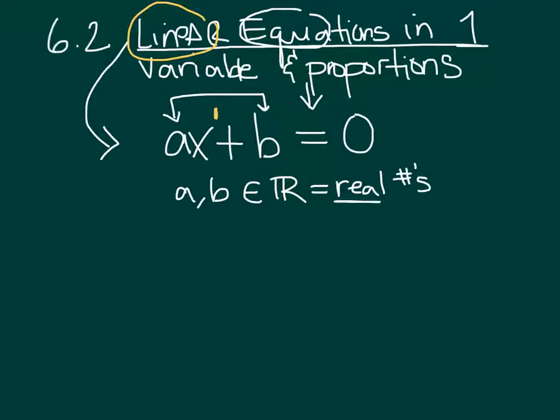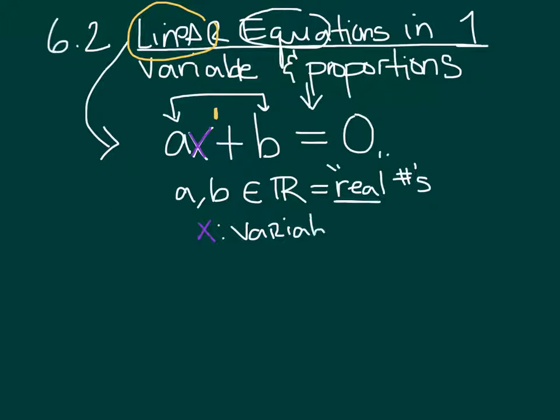Real is a term in math, and that basically means we're using all the numbers that we know, that we work with. So here a and b are real numbers. Here x, let's maybe make it a different color, x is going to be my variable.